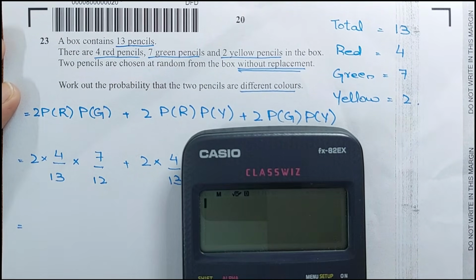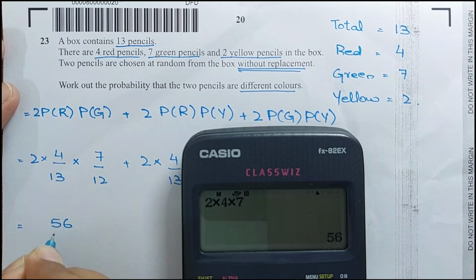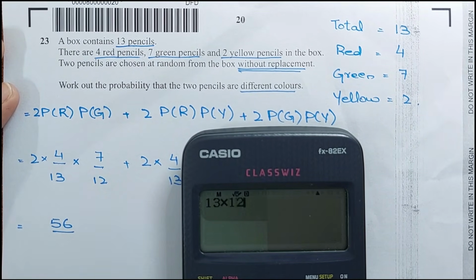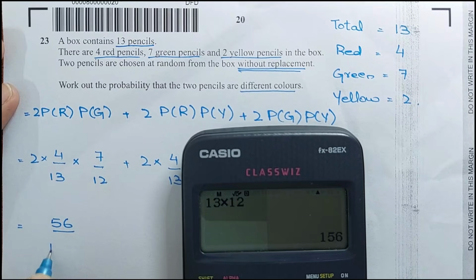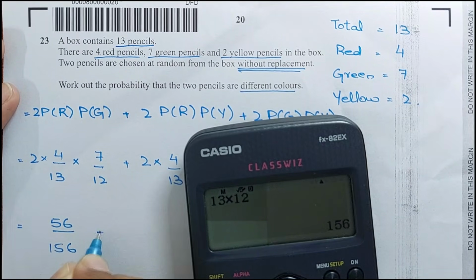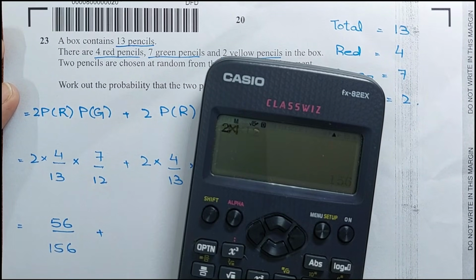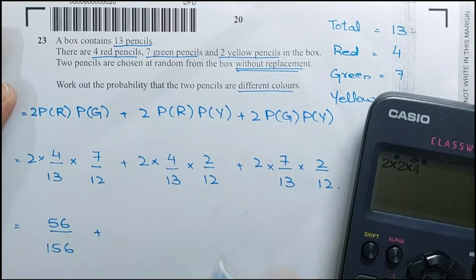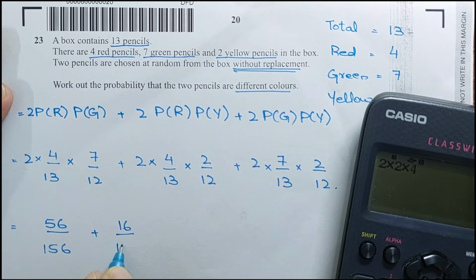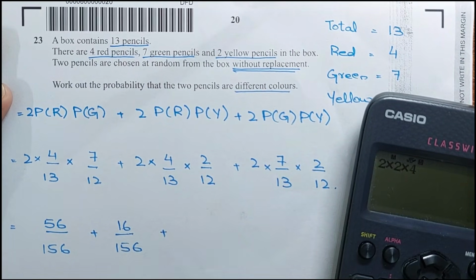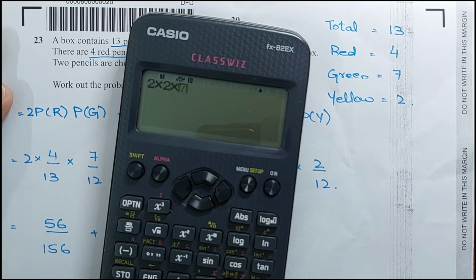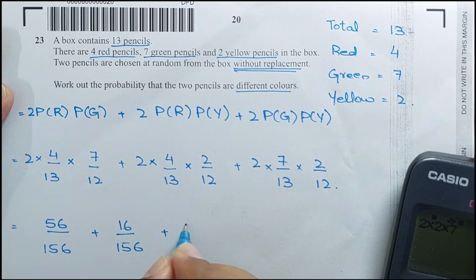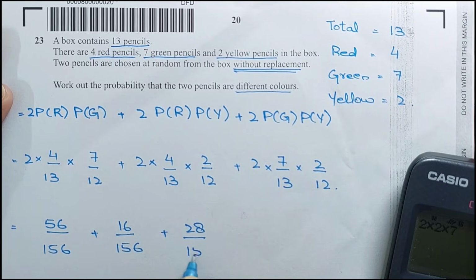Okay, let me simplify that. So 2 into 4 into 7 is 56, over 13 times 12 is 156, plus 2, 4 and 2. 2 into 2 into 4 is 16, over 156. Plus 2, 2 and 7. 2 into 2 into 7 is 28, over 156.